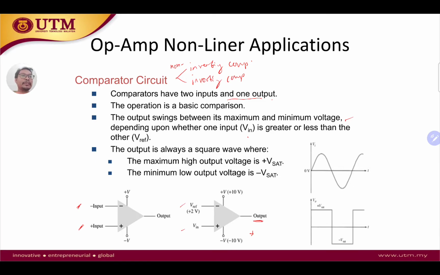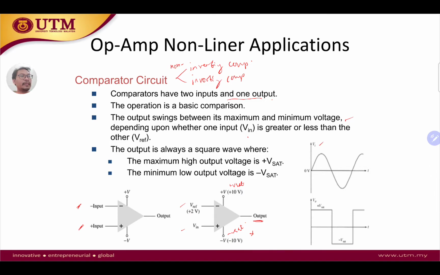So the output is always a square wave where the maximum output is Vsat. Okay, so positive Vsat is this 10 volt here, for example, and then negative Vsat is the negative supply that we give to the op-amp. Essentially in the comparator circuit, this is our input here.